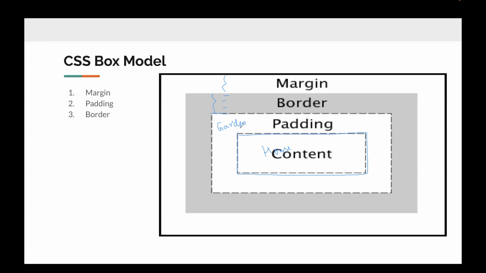Garden is not your property, don't donate your garden. So if you give padding, that will come inside that box. That will be your property. If you give border, the border will be applied after the padding.